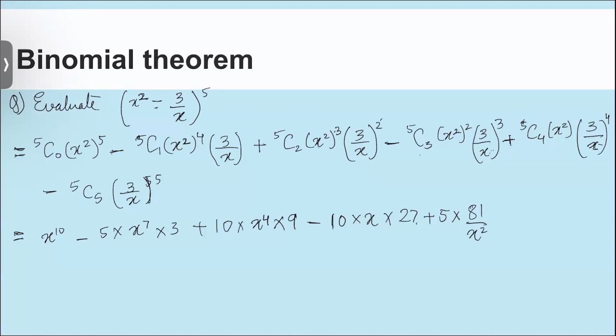And then you have the last term, that is 5c5 is 1, and 3 raised to 5 is 243, and in the denominator you have x raised to 5.